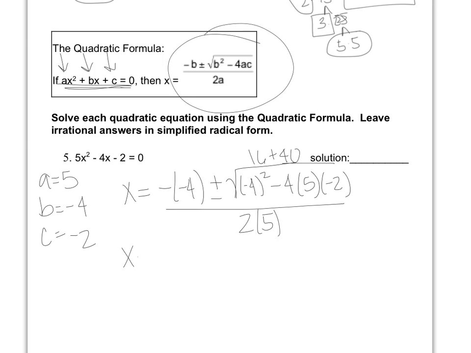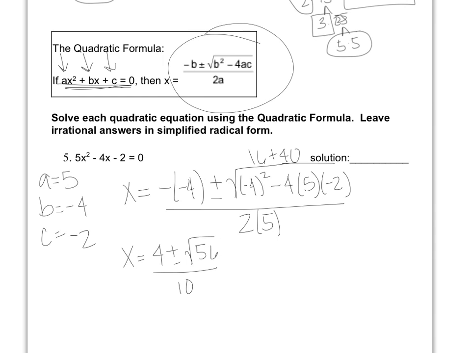So that would be x equals 4 plus or minus the square root of 56 over 10. And if you want, you can type in everything that's under the radical in the calculator all at once and get that number: negative 4 squared minus 4 times 5 times a negative 2.